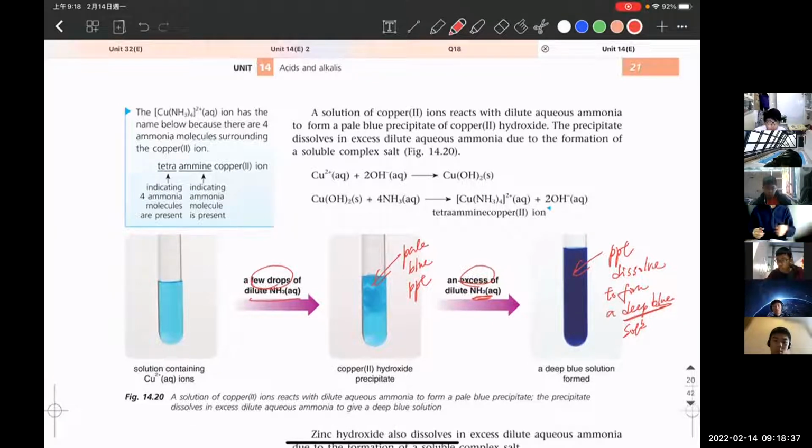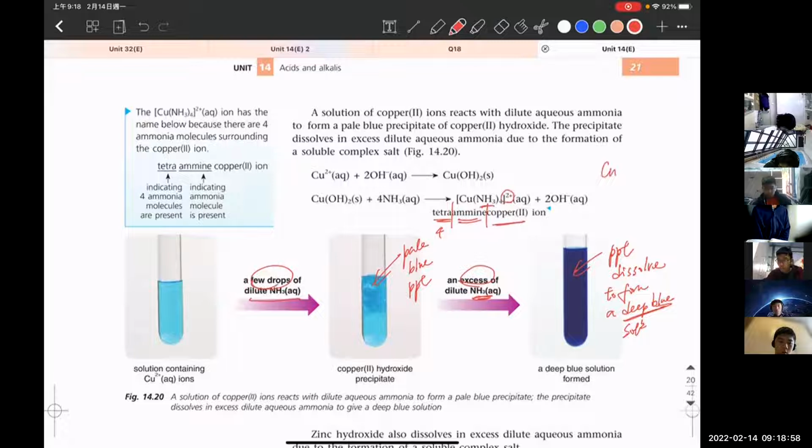That complex is very special. We will call that tetraamminecopper(II) ion. Tetra means 4, ammine means ammonia surrounding the copper(II) ion to form the complex, not cuprate this time, right? Why? Because it is a cation.